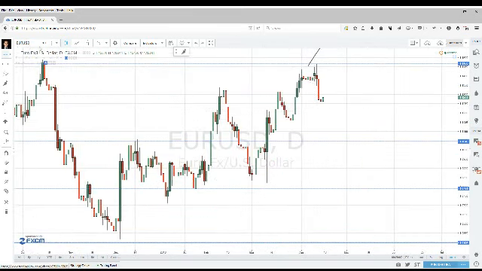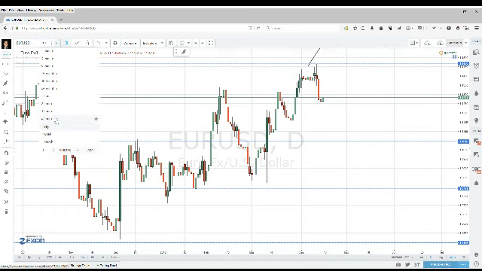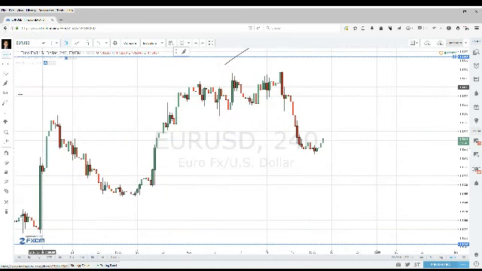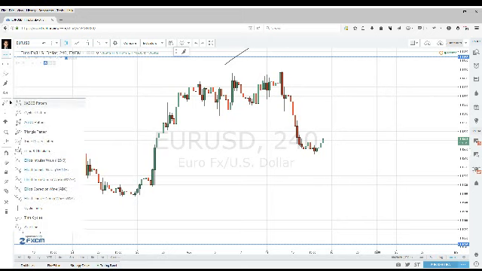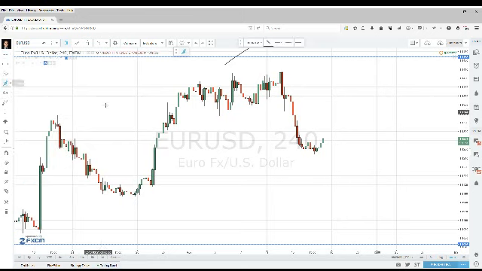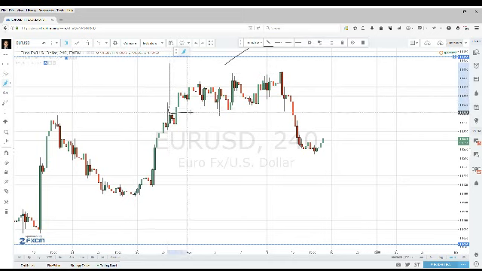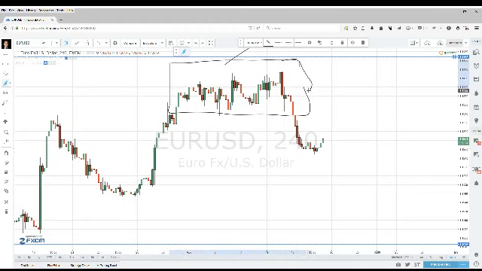I'm just going to go on the 4-hour chart. What we had is really what we call a consolidation. When it came to that level, it really formed a box, and price didn't go anywhere for quite a few days, in fact, part of last week and even the beginning of this week.